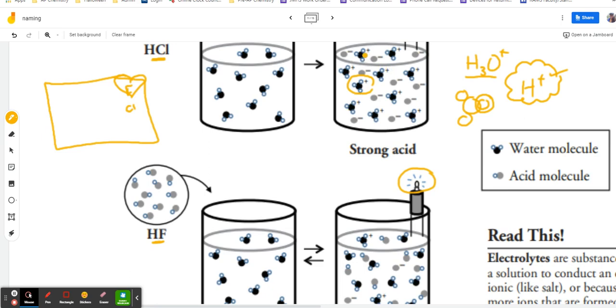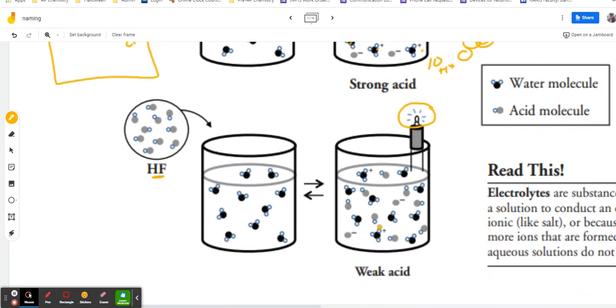So if we were to sit here and count, we would say, oh, we have 1, 2, 3, 4, 5, 6, 7, 8, 9, 10. We have 10 hydroniums, okay? I'm going to put H+. Down here, you can see that we only have 1, 2. So we have 2 hydroniums, okay?